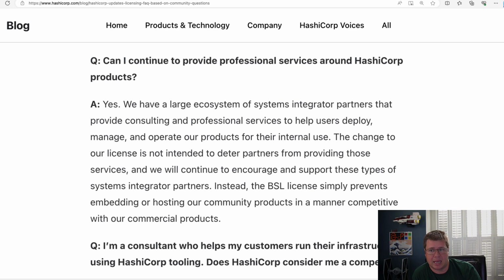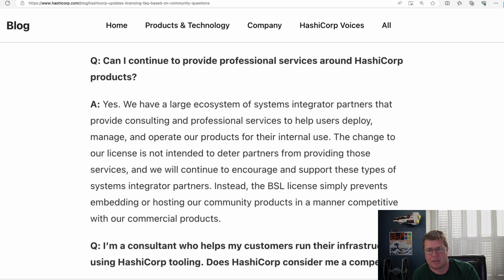Because they help make the value case to the customer why they should use Terraform, why they should use HashiCorp products, what the benefit is to them. And part of selling the services deal is making that value case compelling enough that the customer wants to do the deal, to bring in the services work to get the job done, but then also bring in the technology. And that gives HashiCorp an opportunity to upsell, cross-sell their various commercialized offerings.